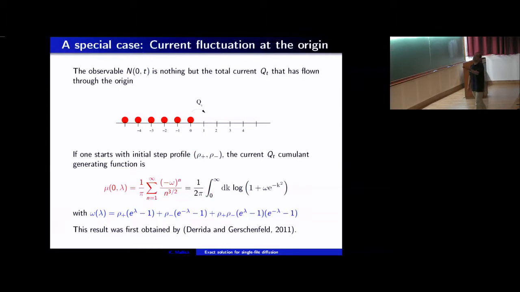You can be interested also in this special setting where all the particles are on the left and nothing on the right, and you can compute how much current has crossed from left to right from time 0 to t. You can retrieve this result, which was derived a few years ago by Derrida and Gerschenfeld, as a special case of our general formula.